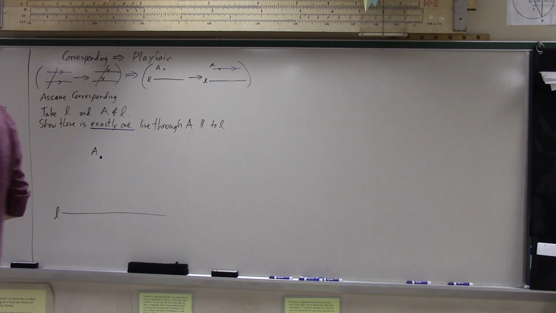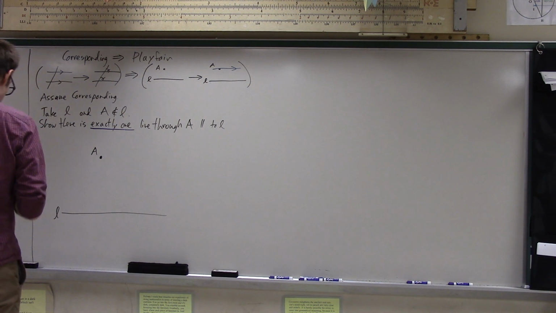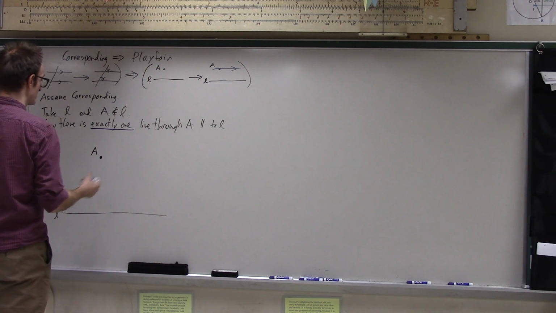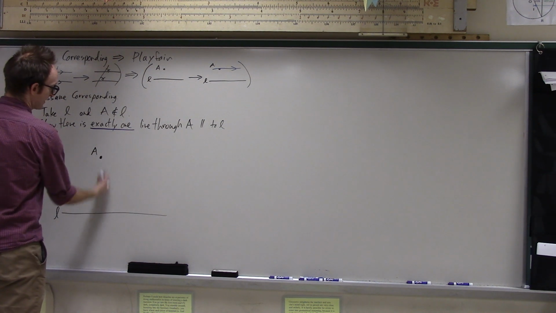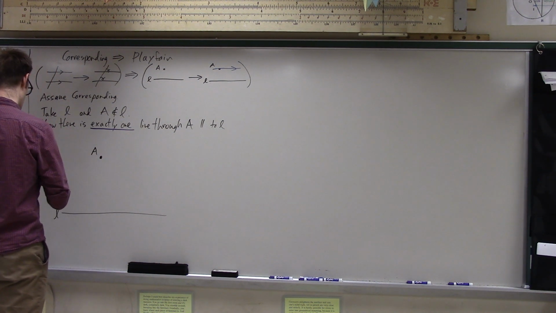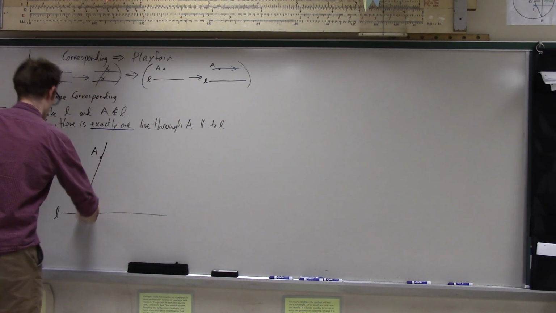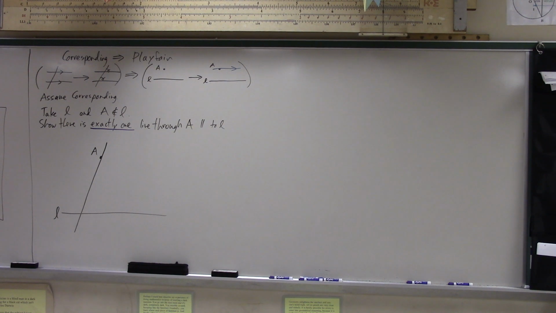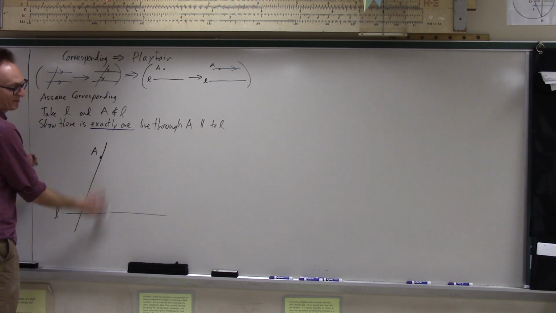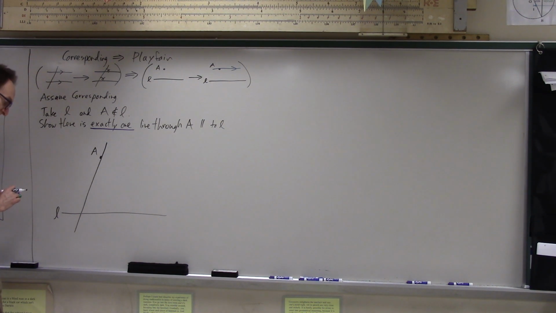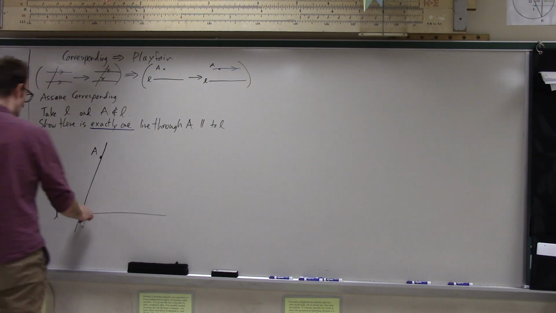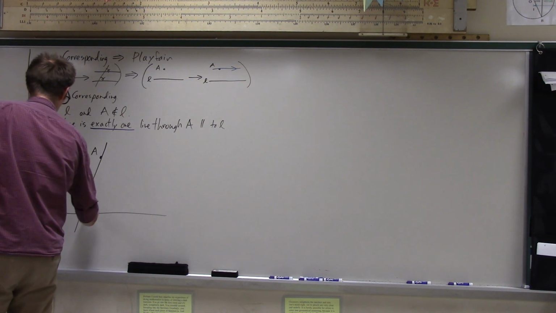Let's show that there is a line through A parallel to L. Well, what we can now do is just construct an arbitrary transversal. But let it intersect L. If you want this to be more specific, you could just drop a perpendicular from A to L, which works fine. Okay, so we have some angle here. Let's call that angle 1.